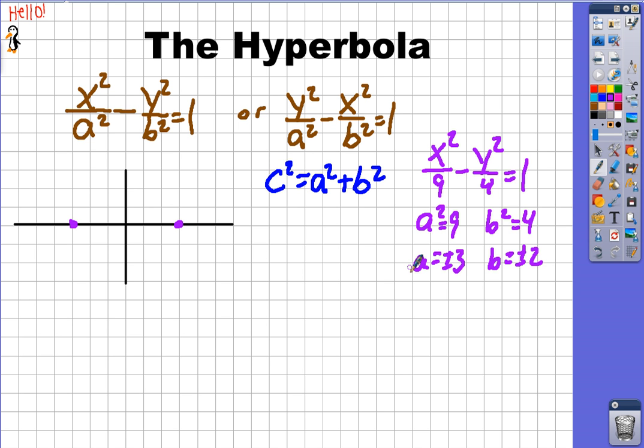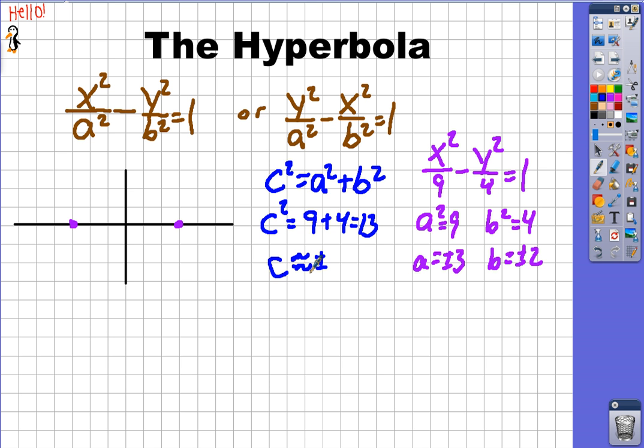Then, we're going to use this equation here to determine the c value out to the foci. So c squared equals a squared, which we see as 9, plus b squared, which is 4, which equals 13. So c equals approximately plus or minus the square root of 13.